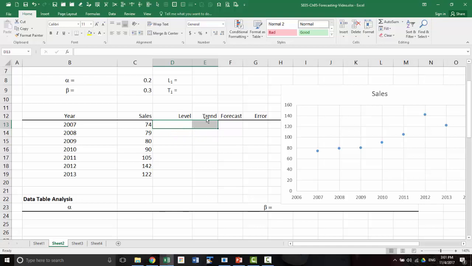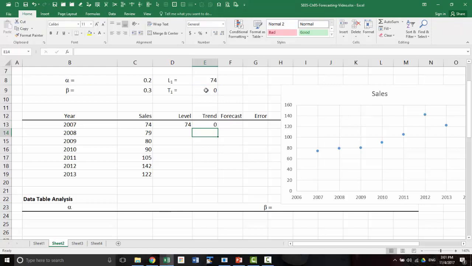Only then can we do the rest of the computations. So let's assume 74 and 0 as our L and T. The first L is that, and the first T is that.